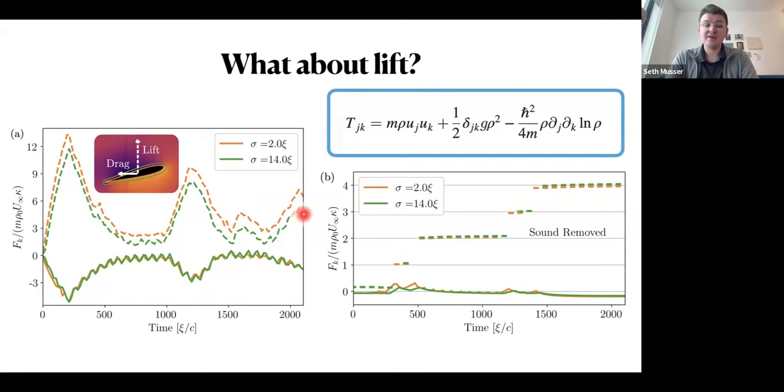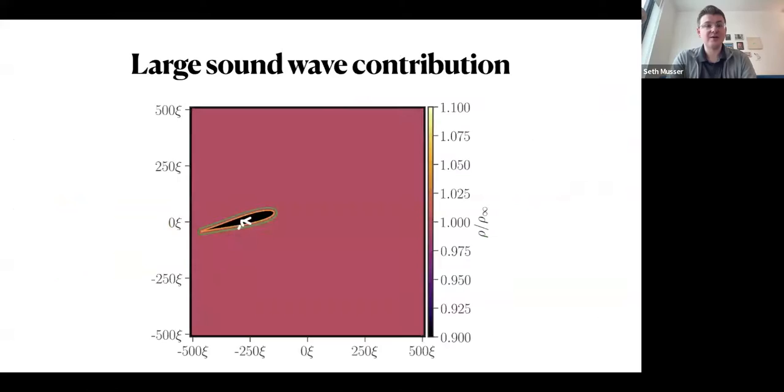And again, this piece here is because the foil is approaching the edge of a box. So a lot of this should be understood as finite size effects that would be rectified with a larger simulation. But because we didn't have the computational resources, we used this mathematical technique to remove sound.